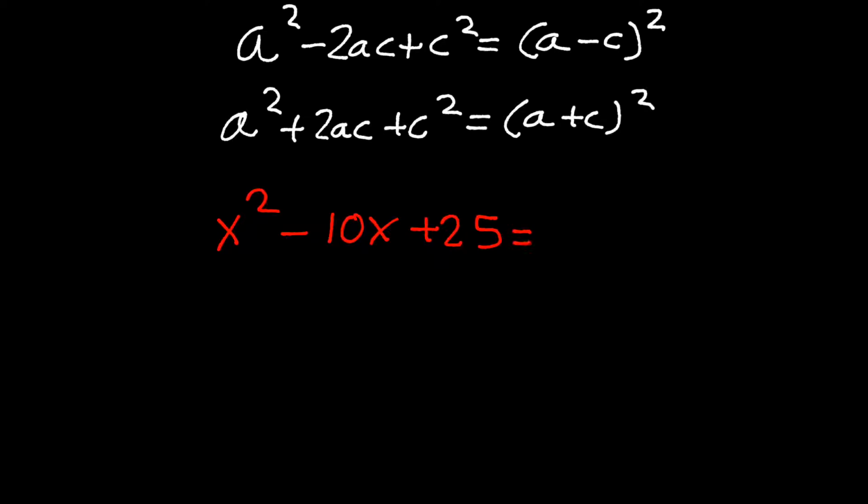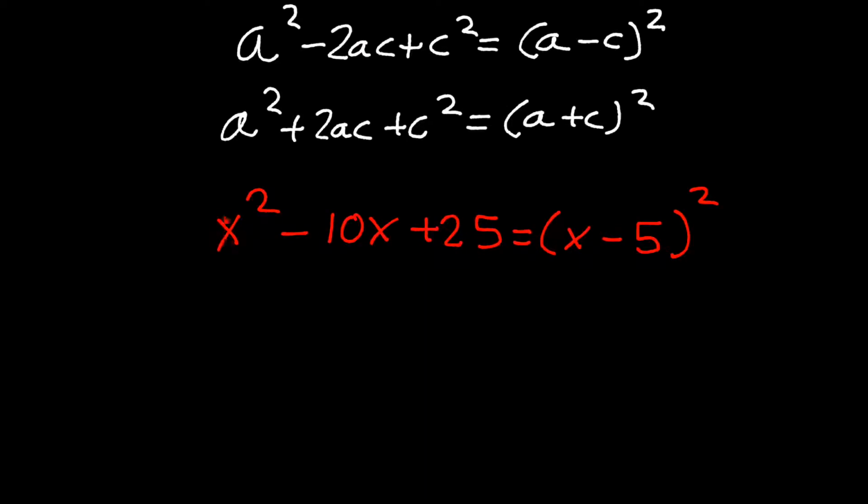When that happens, just like with our difference of two squares, we can start to condense this down as x minus 5 squared. But before we can commit to this being our answer, I need to make sure that this middle term is the result of 1x times 5 times 2. That's where the 2ac comes from.